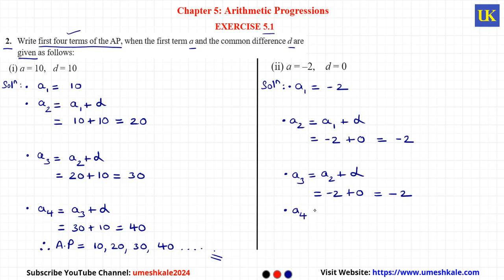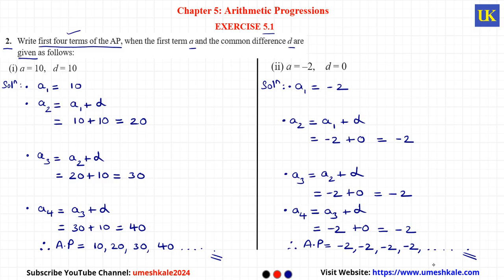Then we will find A4, A3 plus D. A3 is minus 2, plus D which is 0, so A4 is also minus 2. So we will write all the four terms. The AP is the same because the difference is 0, so we will get the same answer every time. So this is our answer for the second sub question.